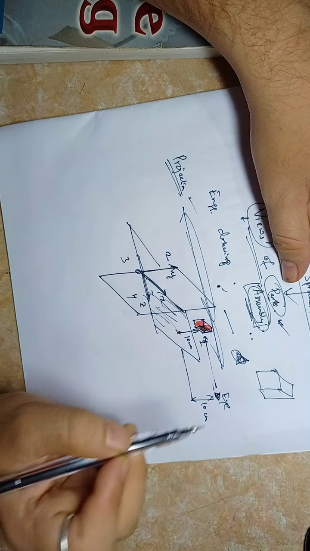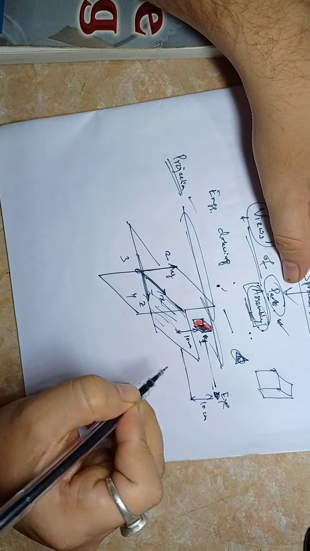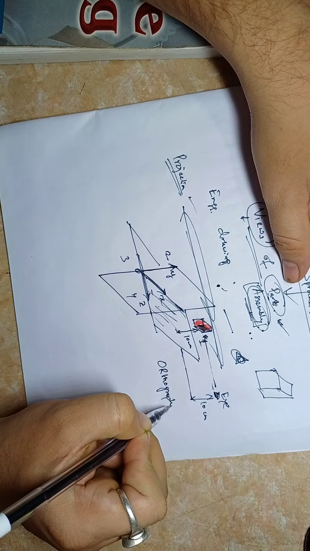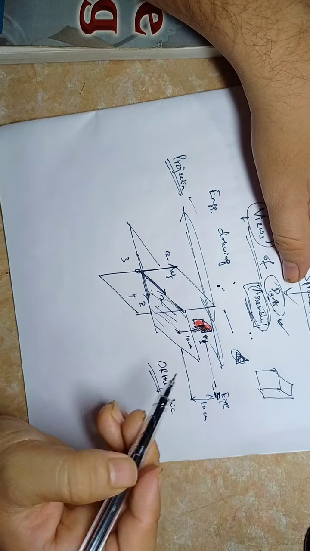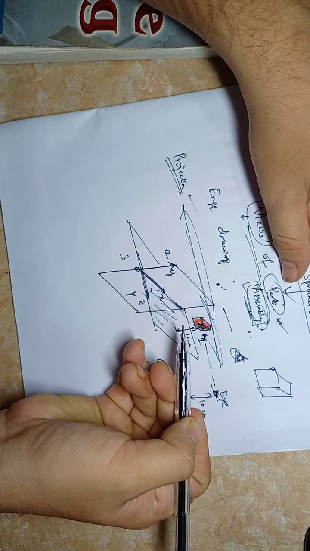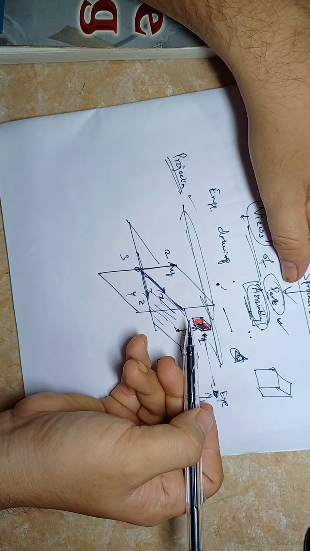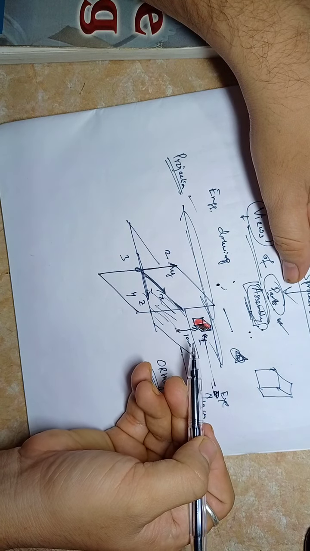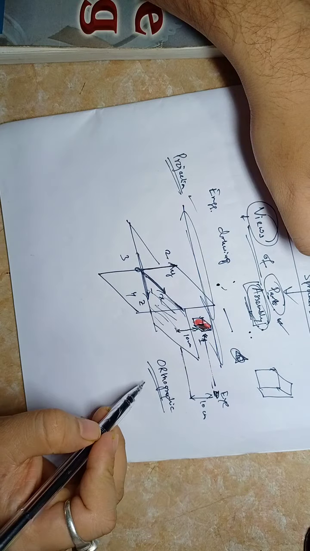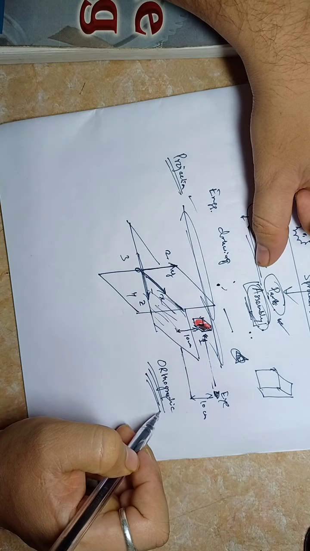Okay, so this is called orthographic view. So when you are looking exactly perpendicular to any surface of the body, or you have placed your object exactly in front of your eye, that will be orthographic view.